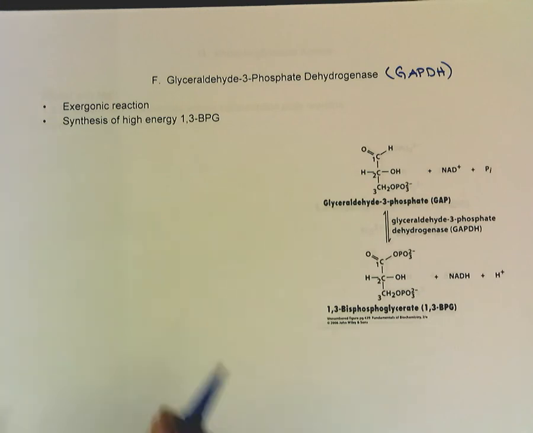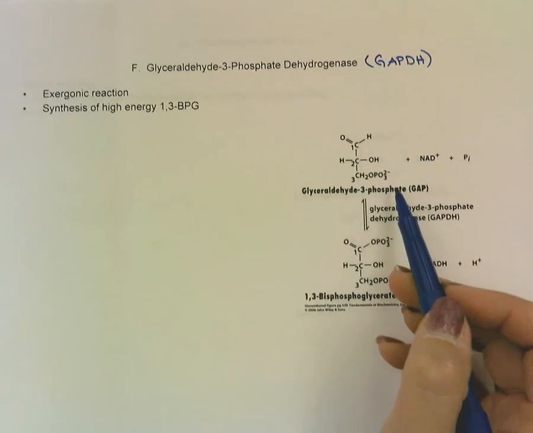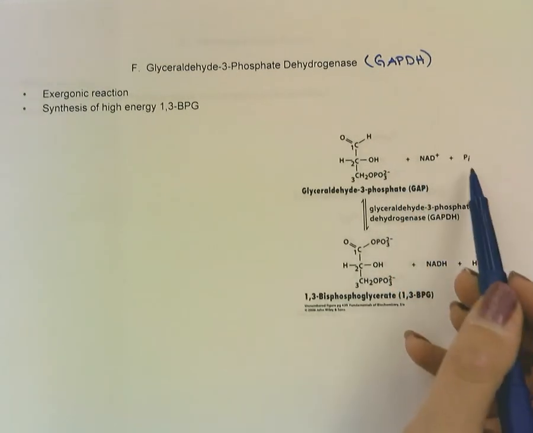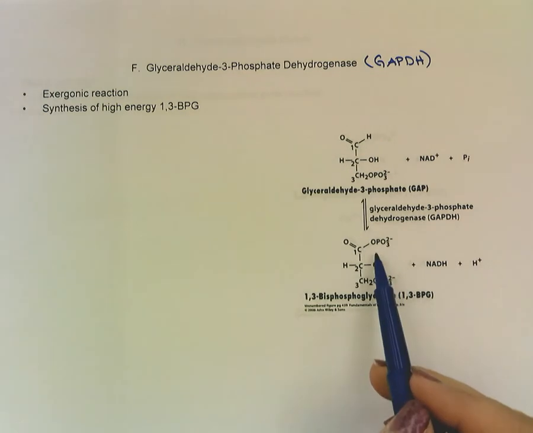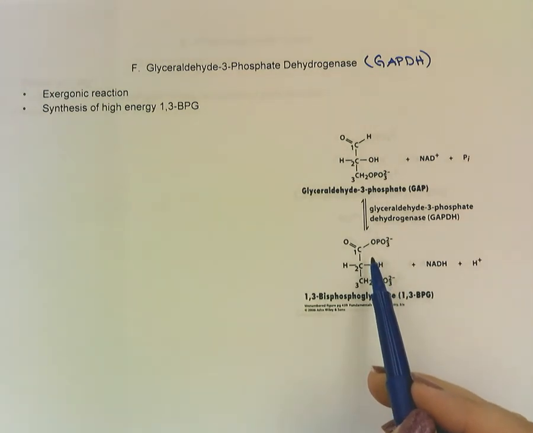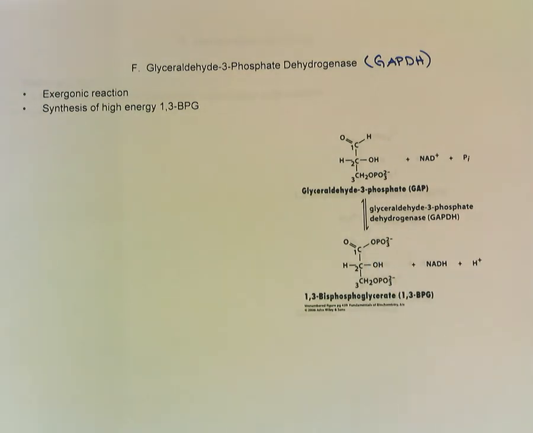So we are going to take GAP, which is right here, and some NAD+, and an inorganic phosphate. We are going to dehydrogenate, which means remove a hydrogen, and replace it with a phosphate group. So that should make sense.